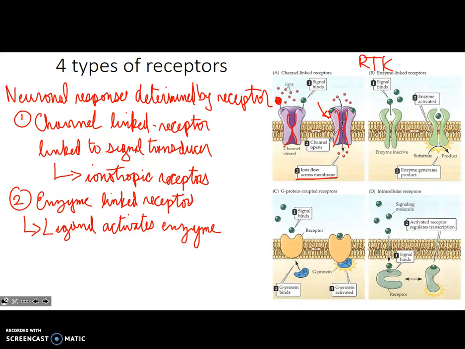We'll talk about them in more detail. In this case, the ligand, the signal, binds to the receptor directly, but that doesn't open any ion channel. It allows this enzyme to now do its catalytic job, so it is going to generate a product, causing a speeding up of some chemical reaction from substrate to product. We'll talk about one specific example of this RTK in a little bit.